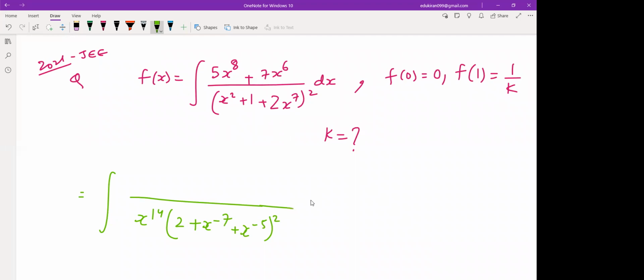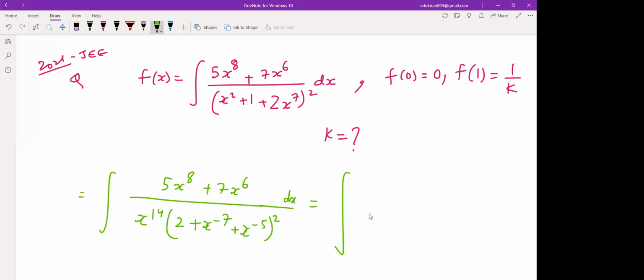So this is what we have done here. Now, why we have done this thing, it will get clear in a moment. So when you write 5x to the power 8 plus 7x to the power 6 dx, and then what you will do is divide by x to the power 14, so x to the power 8 also and x to the power 6 also.